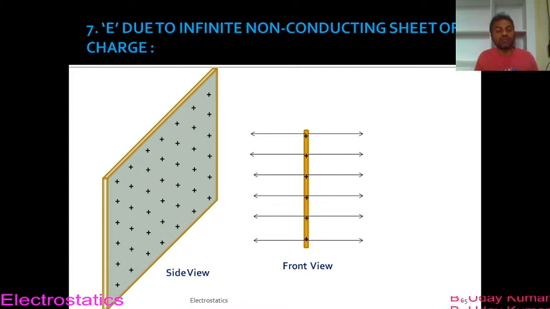The electric lines of force will be directed in only two directions: one towards left and another towards right. That's it. So this is the direction of electric lines of force for this sheet of charge.